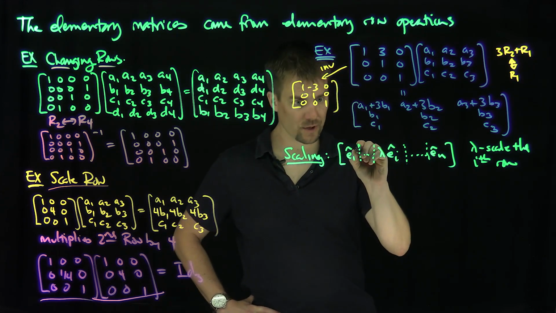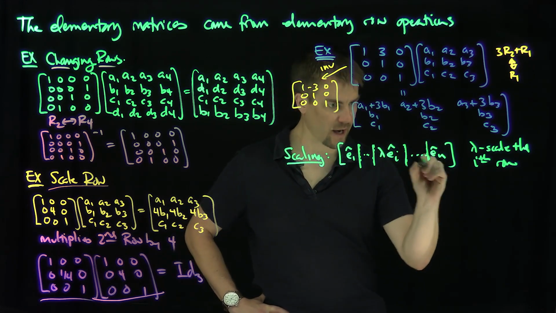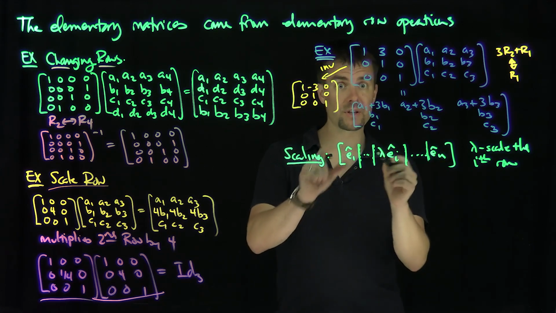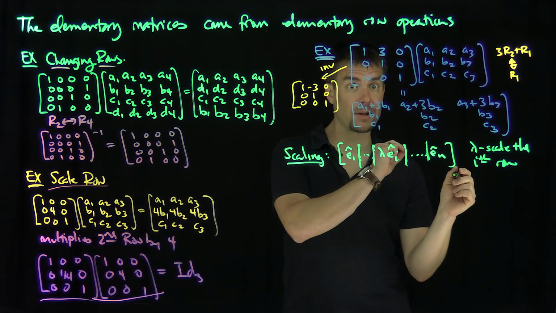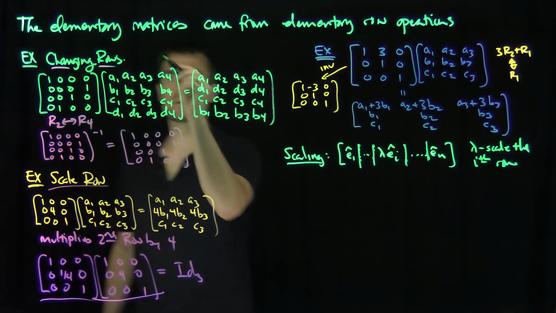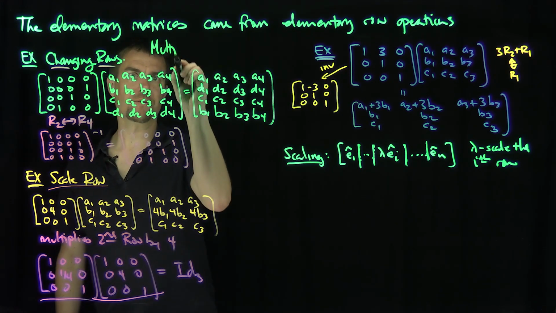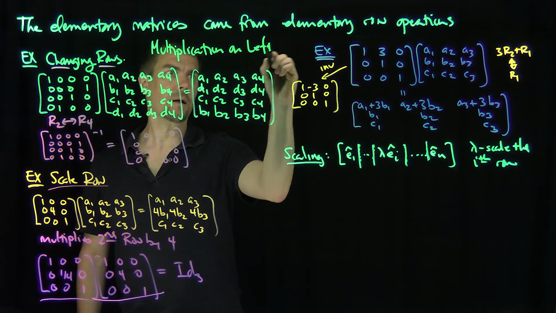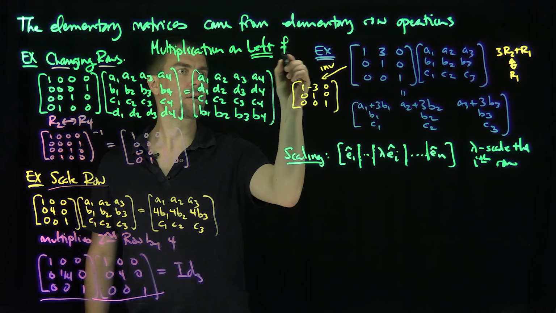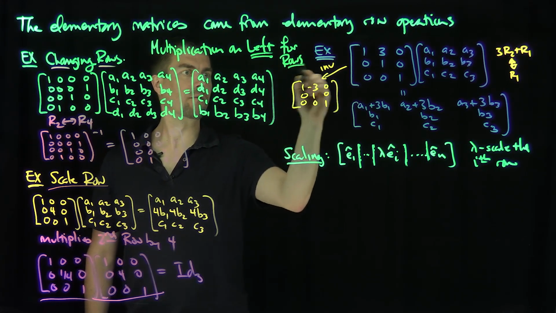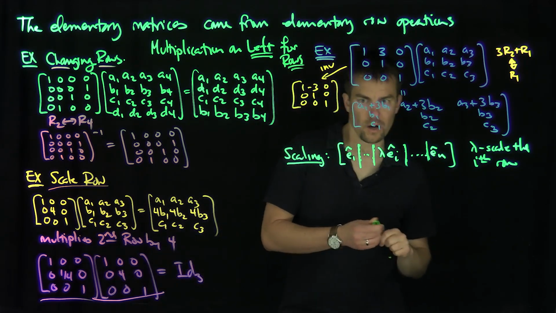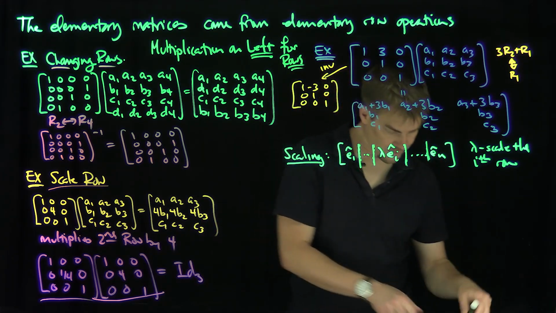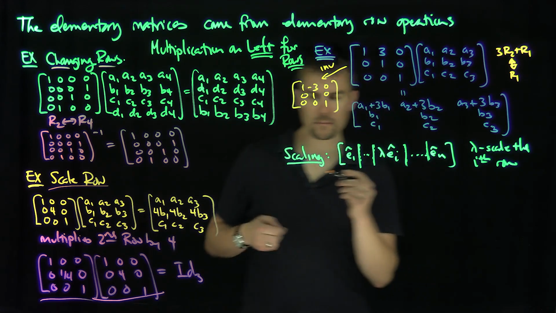And these, of course, are columns, right? So that's a column, column, column, column. I'm doing these elementary matrices on the left of the matrix itself. So note, multiplication always occurs on the left, for rows. But the corresponding matrices are column-based. That's our scaling type.